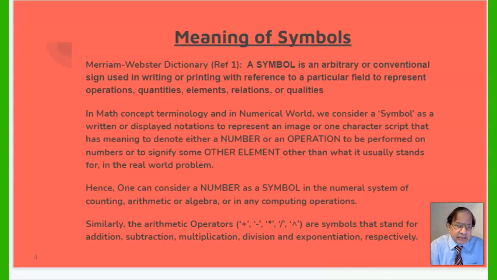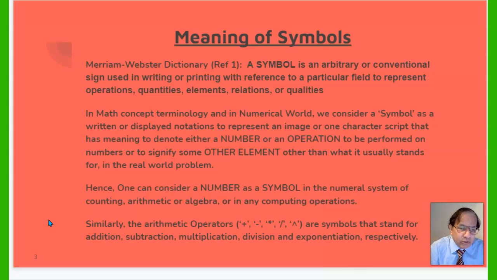In math concept terminology and in numerical world, we consider a symbol as a written or displayed notation to represent an image or any character that has meaning to be performed on numbers or to signify other elements other than what it usually stands for in the real number system.